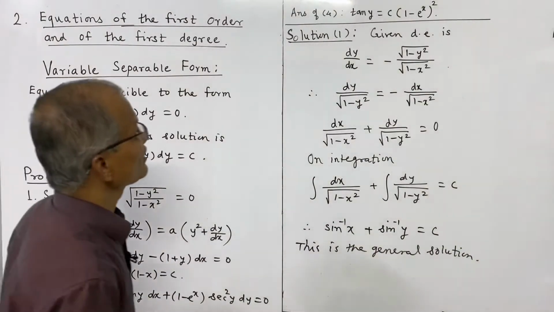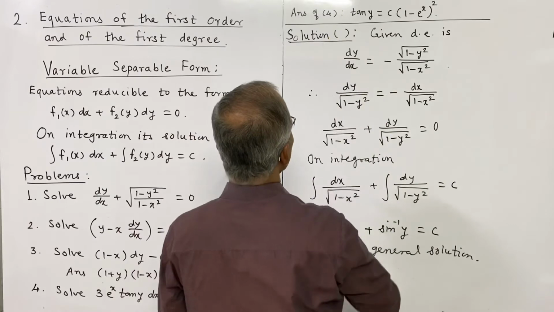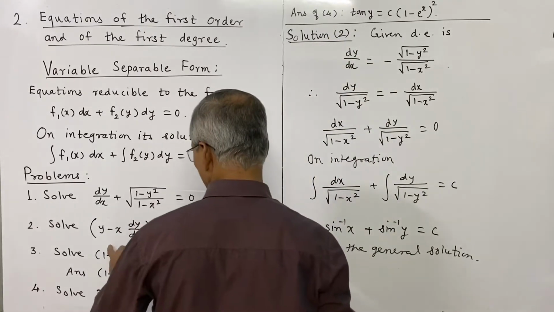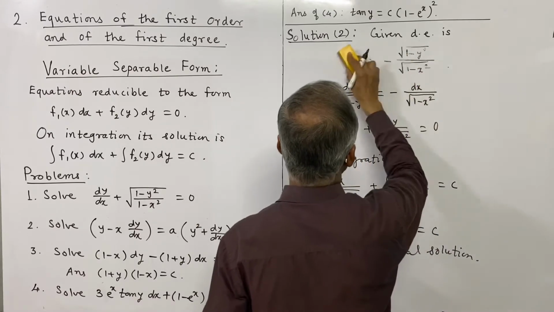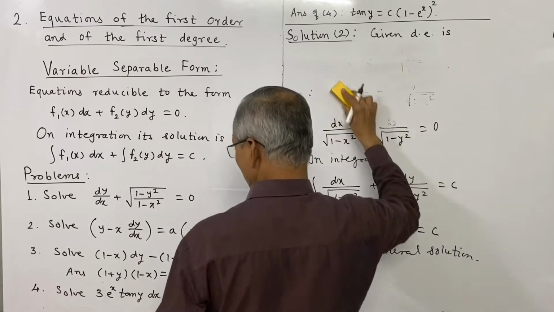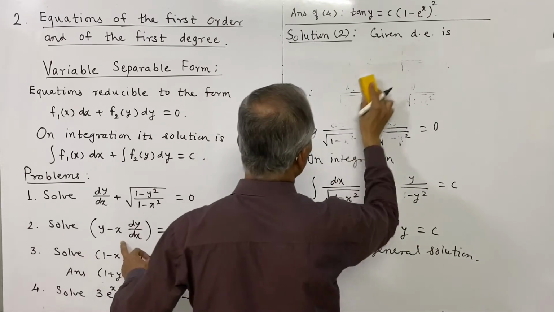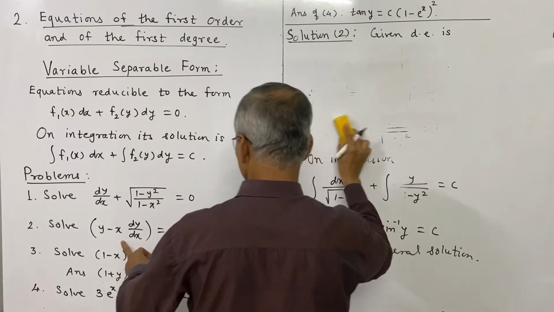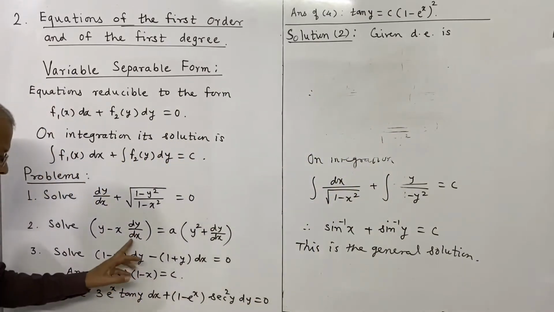Now we shall consider the second example, second problem. The given differential equation is y minus x into dy by dx, etc. So that also we should write in terms of dy by dx. We collect the terms.